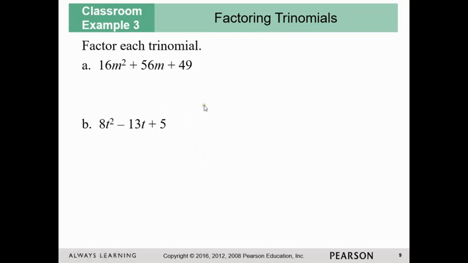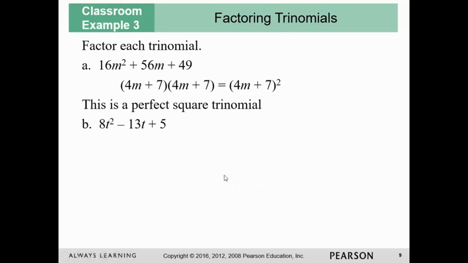So this is a perfect square trinomial. And as I said, refer to the problem number 19 video to do this. But notice that we can factor this here as 4m plus 7 times 4m plus 7, which is the same thing as 4m plus 7 squared. And it says this is a perfect square trinomial.